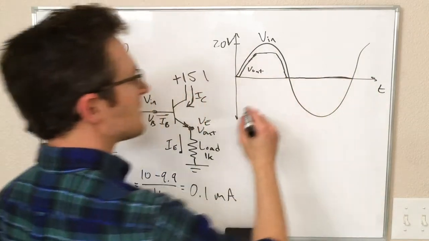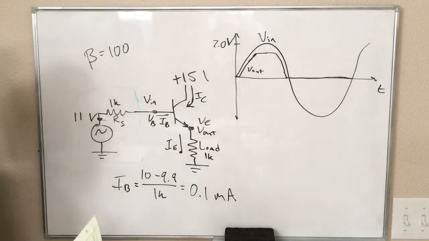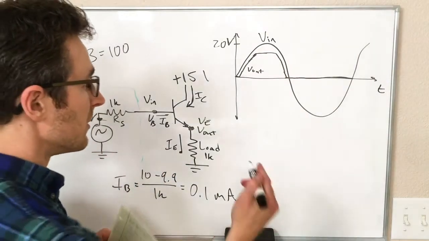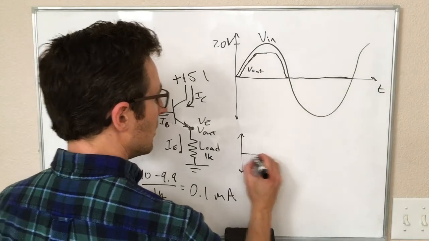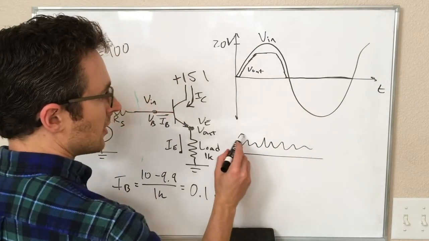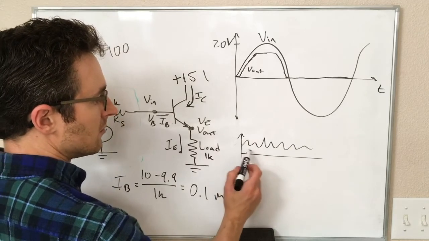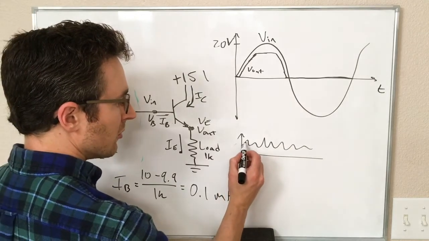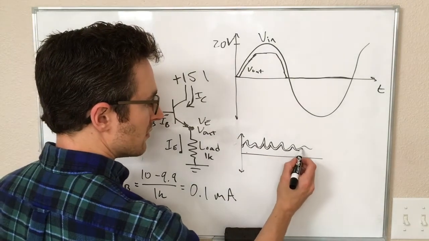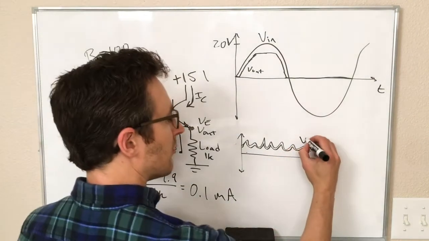It's going to stay at ground. So this is not a particularly good follower for all possible voltages. But if you have something that is positive and staying between 15 and 1 volt, this is going to be able to follow it exactly, just being 0.7 volts below it at every point.